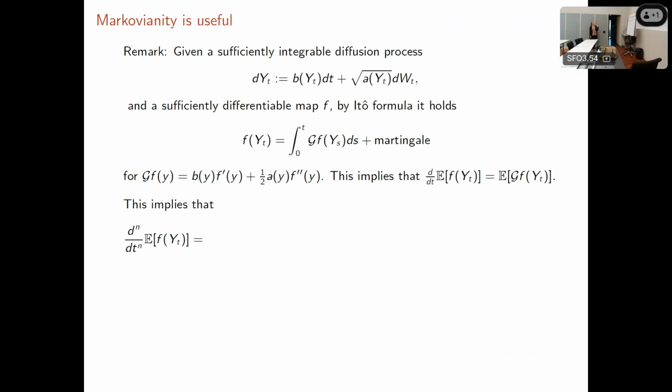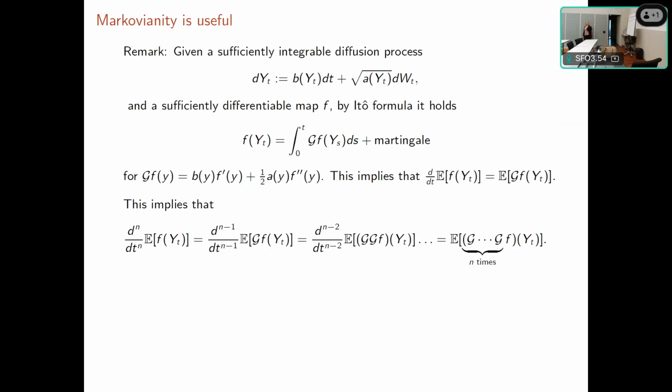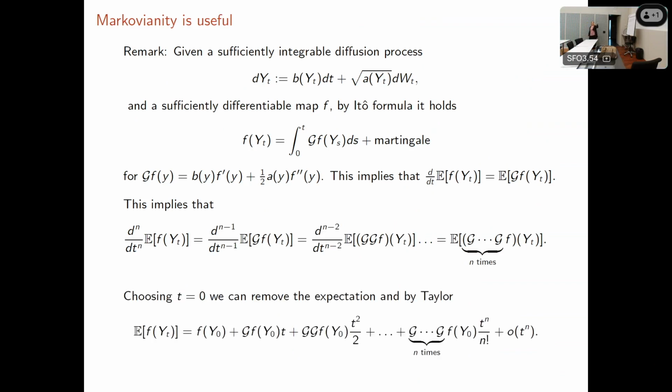And we can do it again and again. Every time that we want to differentiate the expectation, we just apply G to f, again and again, as many times as you want. And why would you like to differentiate the expectation? Because then you can apply Taylor directly to the expectation, and you get something like this.